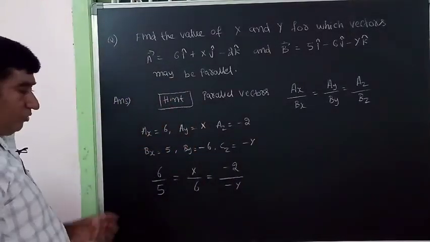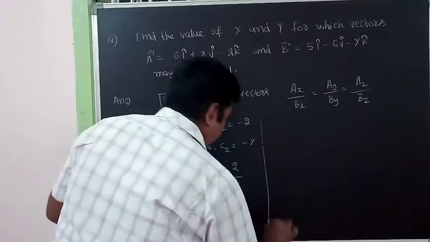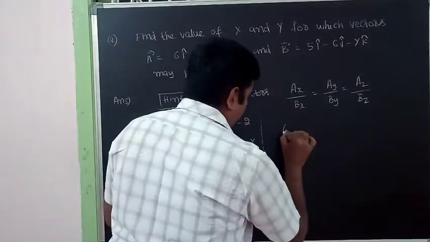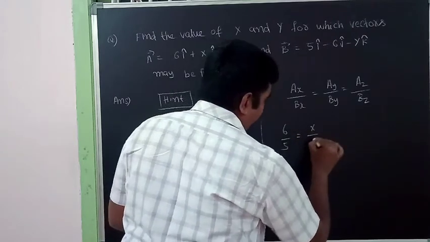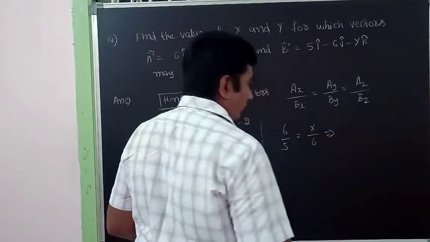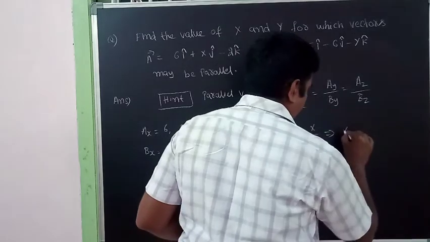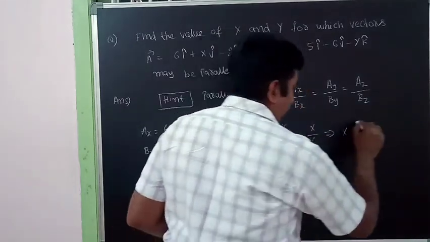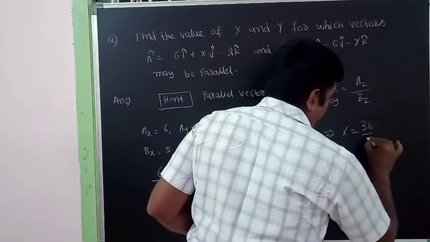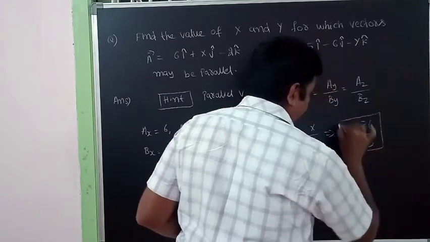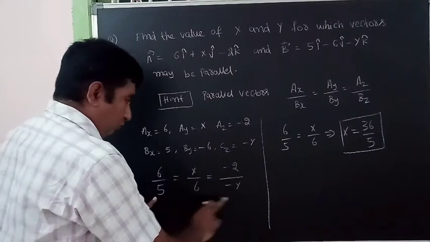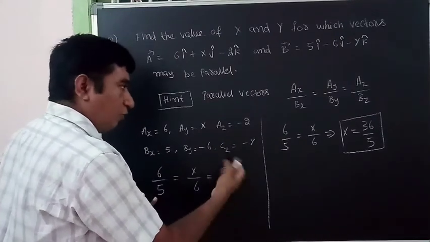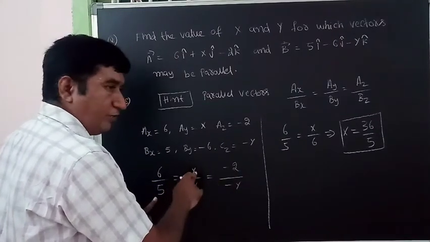All these are equal, so we can take two terms. With the help of that, I get 6 by 5 is equal to x by 6. I need to find the value of x. So x is equal to 36 by 5. Next I can take these two; substituting the other would be difficult.